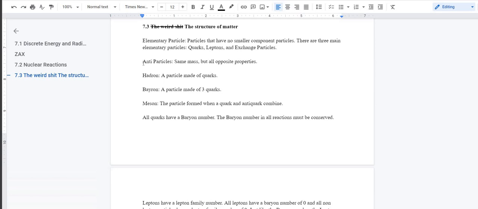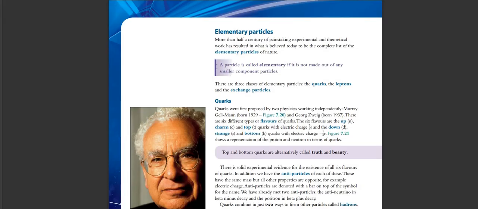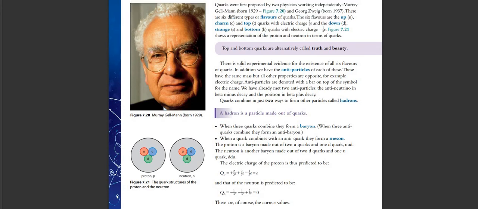And you do also have something called antiparticles. Antiparticles essentially all have the same mass but opposite properties. So what exactly are these properties? Let's look at them together now. Let's talk about quarks first.